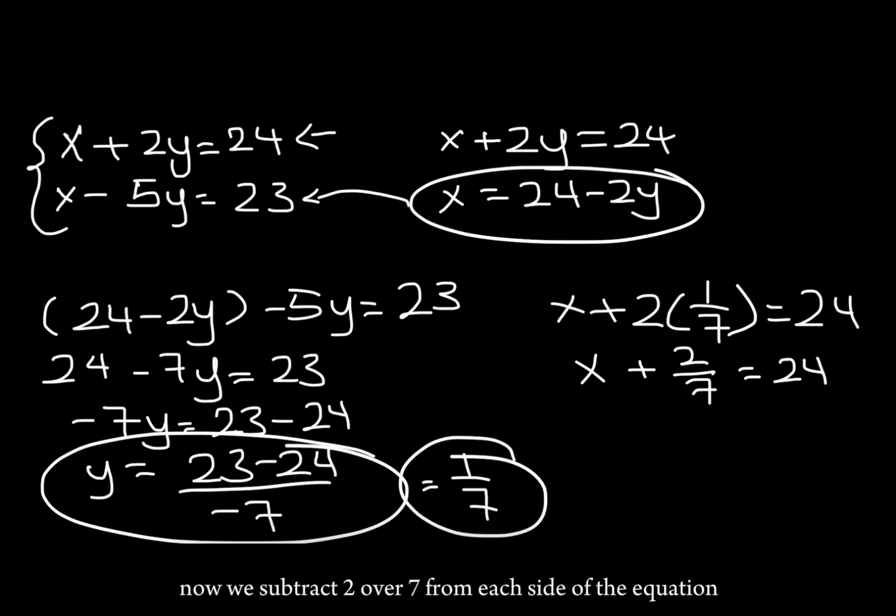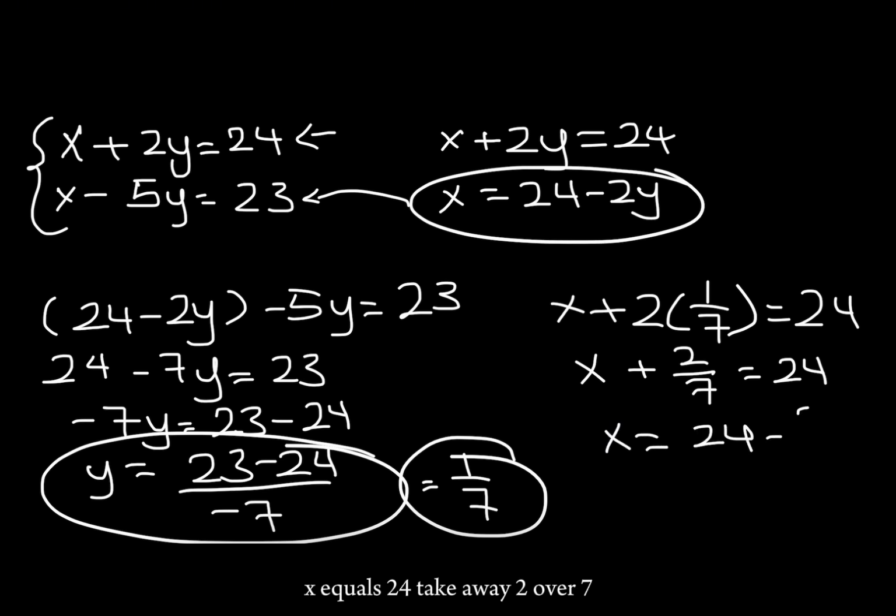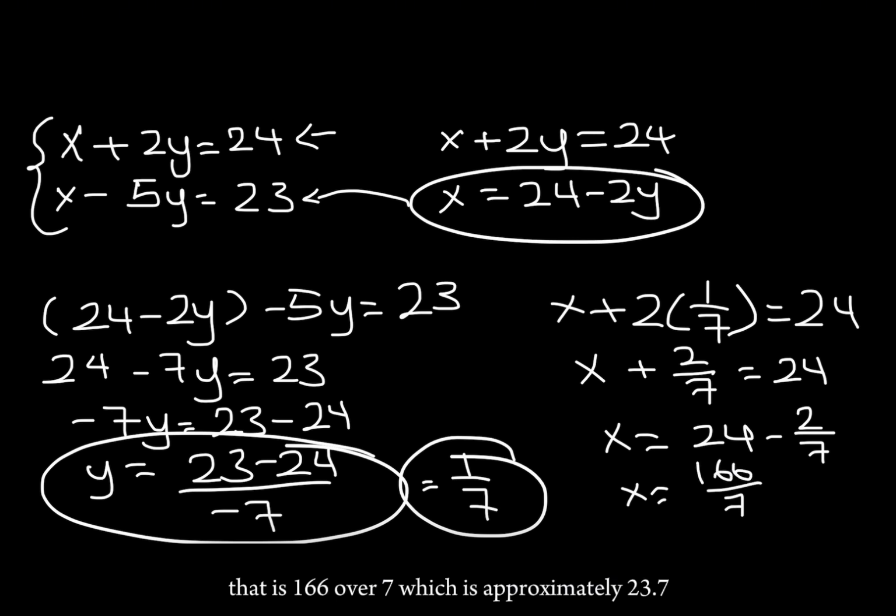Now we subtract 2 over 7 from each side of the equation. x equals 24, take away 2 over 7. 24 take away 2 over 7 is 166 over 7, which is approximately 23.7.